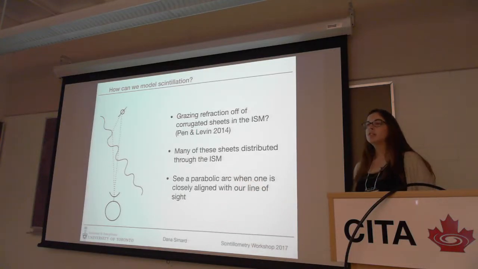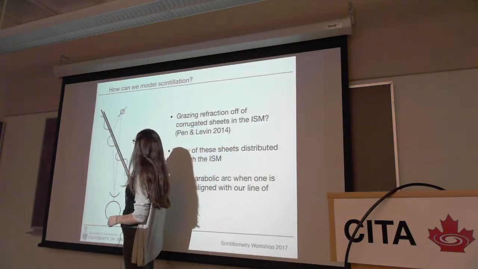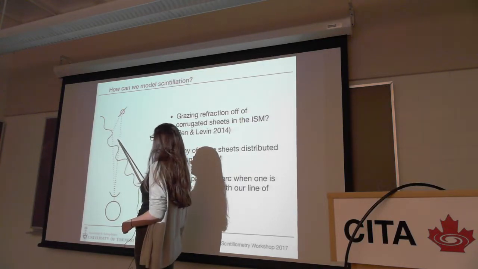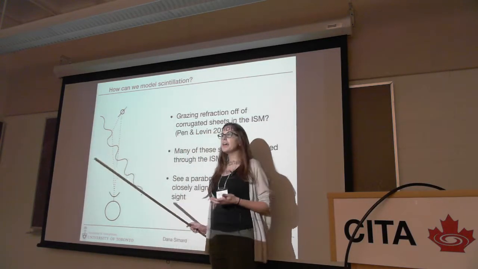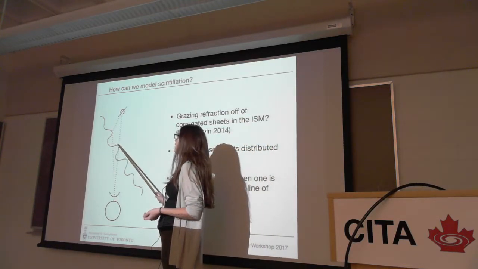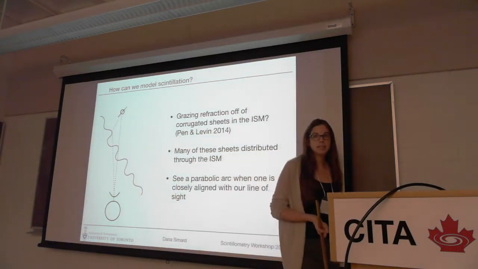And it's only when you get a very high alignment of the angle of the sheet with the line of sight image to the pulsar, so that this angle here is very small. Then when you're in that limit, wherever you have one of these crests, you have a very large change in the column density through your lens.